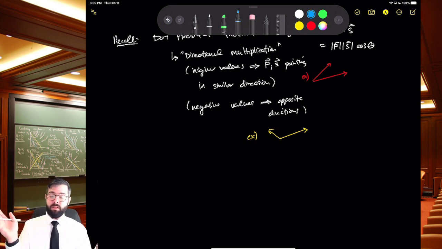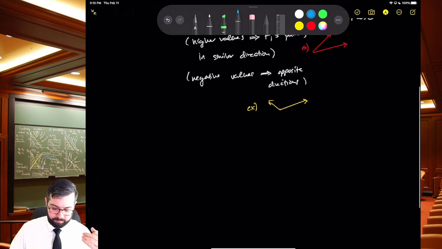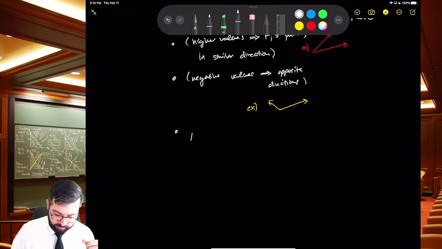If it's a small value, they're pointing in opposite directions. What was the third kind of thing we discussed last time? They could be orthogonal. Yeah, if they're orthogonal, then we know that the dot product is 0. This is the case if and only if A is orthogonal to B.